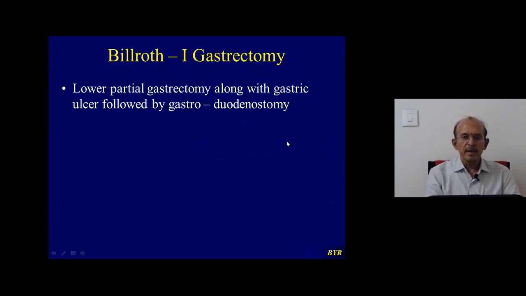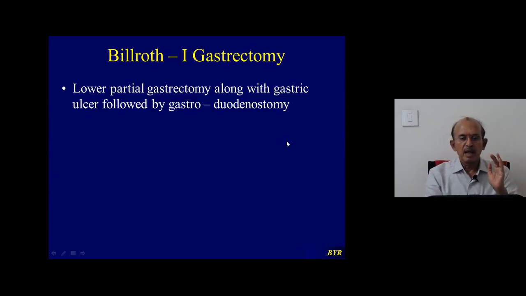So this is how he performed the gastroduodenal anastomosis. Billroth 1 gastrectomy is the lower partial gastrectomy along with the gastric ulcer followed by gastroduodenostomy. So this particular procedure is done for gastric ulcers. In the gastric ulcer, the ulcer will be there on the lesser curvature at the incisura angularis.